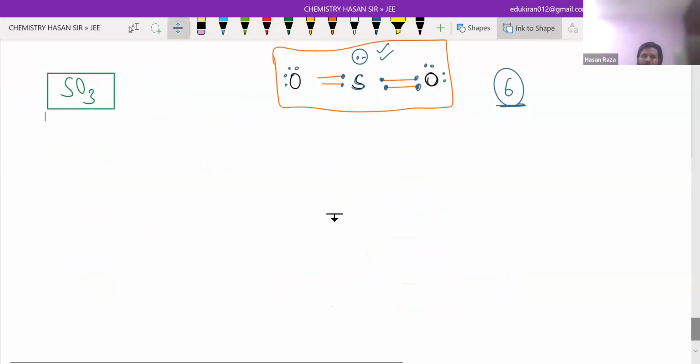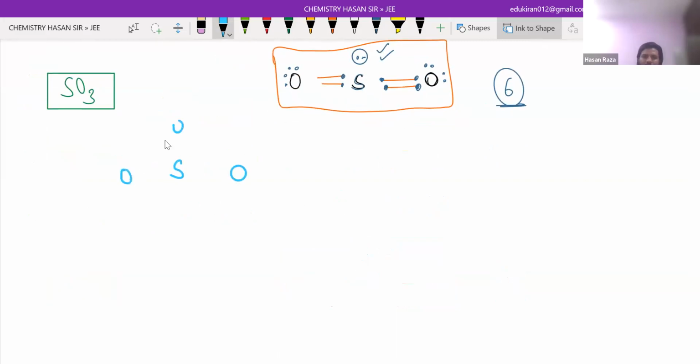See how easy it is. You can see sulfur is the central atom. You have 3 oxygens as surrounding atoms. You need to draw the structure first. Now you can see whenever oxygen is a surrounding atom, it will make a double bond. So the structure is this. Very simple, isn't it?